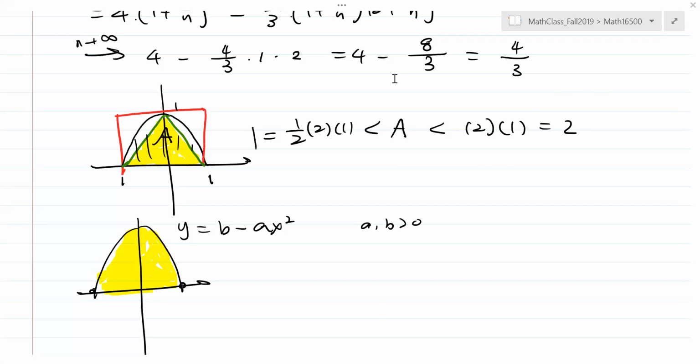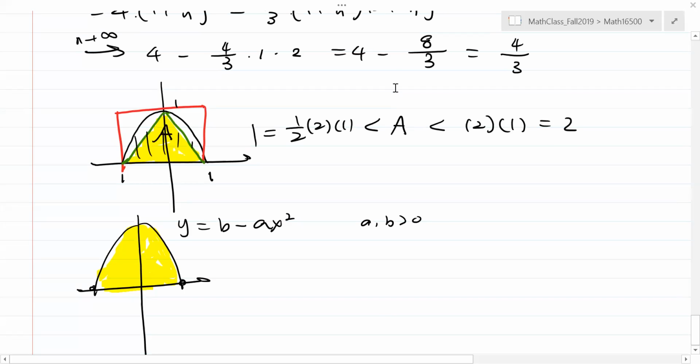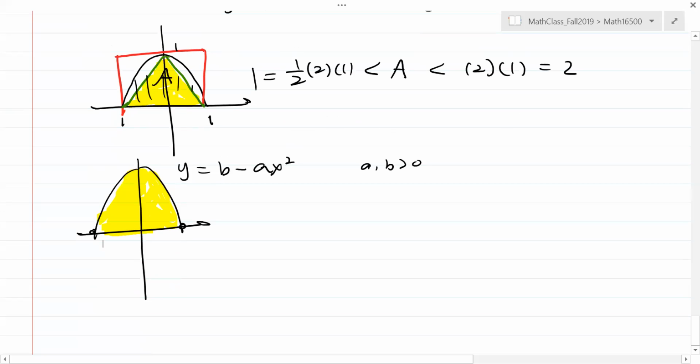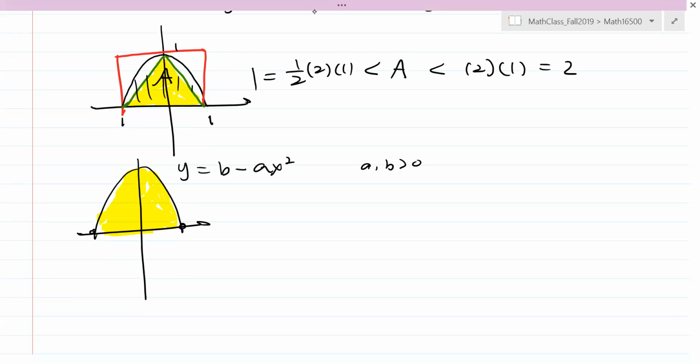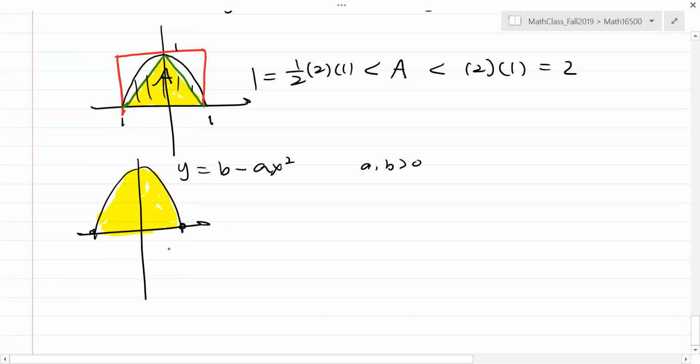Okay. All right. So you can find a formula for the area of this portion of the parabola using Riemann's idea. Get a Riemann sum and so on. And you will see that this is going to be two endpoints. If you set y to be 0, that's square root of b over a, and negative square root of b over a.